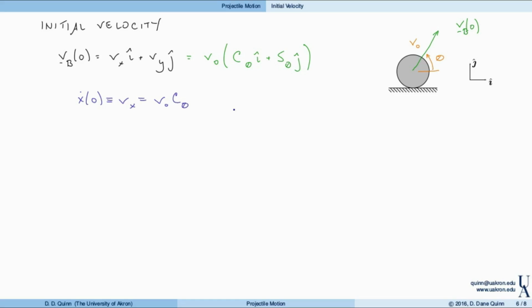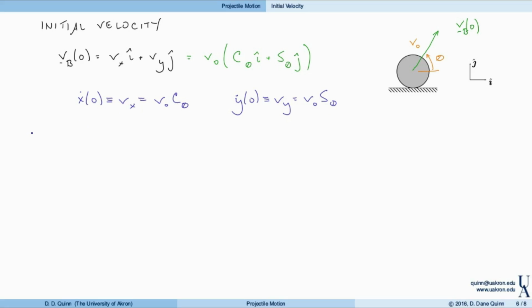And likewise, y dot at time 0, which again was defined as Vy, is v0 sine of theta. And we're able to relate the Cartesian measurements, Vx and Vy, with magnitude and direction of the initial velocity.